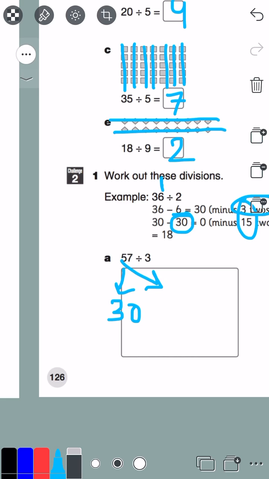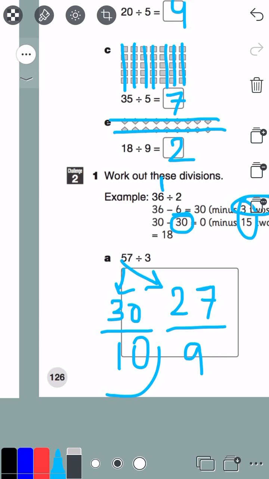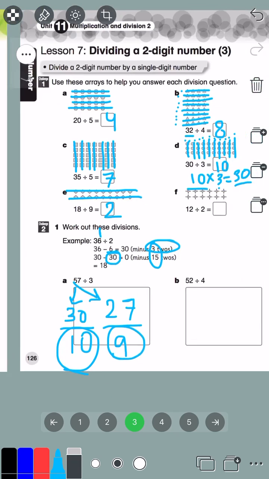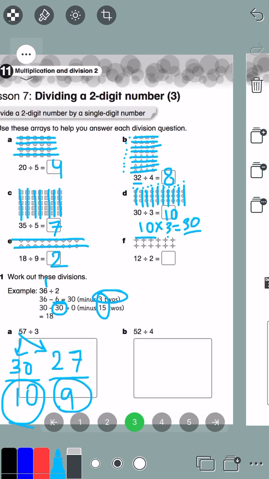So 57 minus 30 equals 27. Then you say, what times 3 equals 30? It's 10. What times 3 equals 27? That equals 9. So the answer is 10 plus 9. So it's the same, but instead of splitting, we say it's minus.